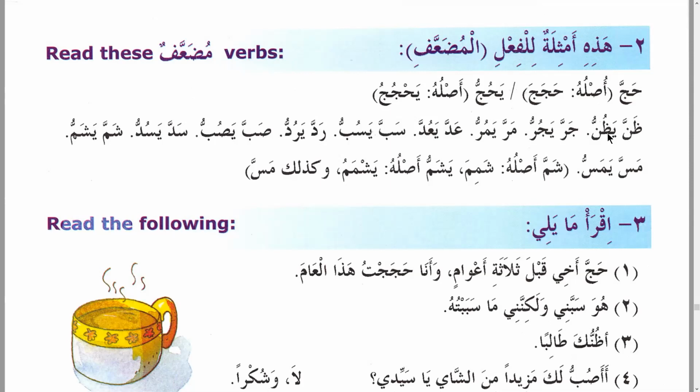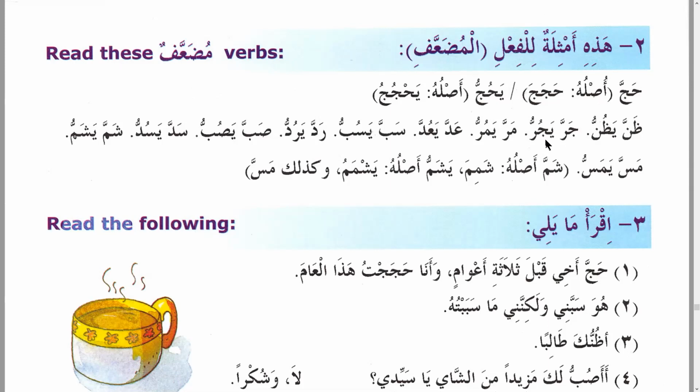Do you think, right? Dhann also means doubt. It's called a dhann. You don't have strong evidence for it, you just doubt it. يظنون تظن تظنان تظنون تظنين تظن تظنان تظنن and أظن.